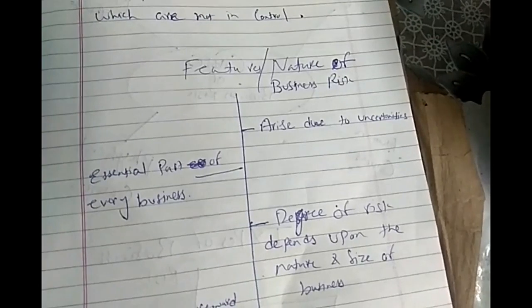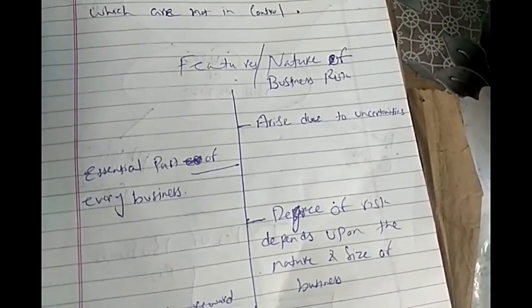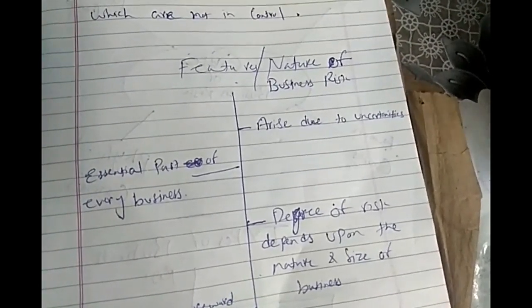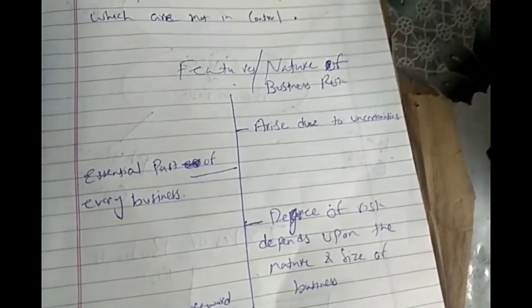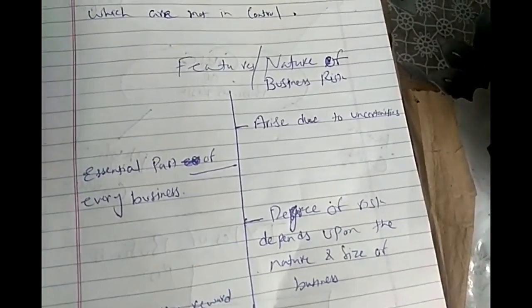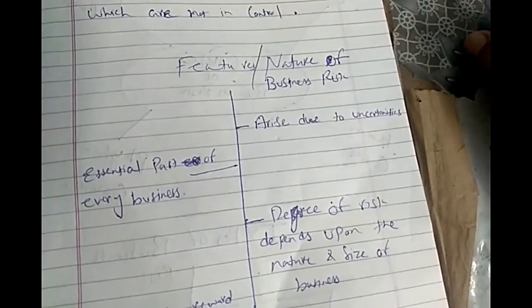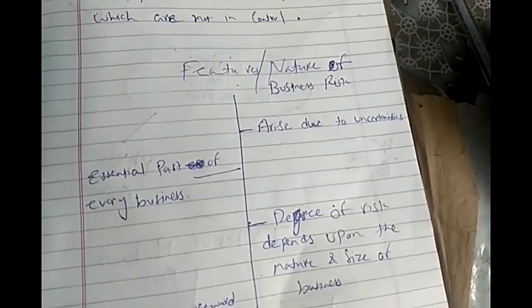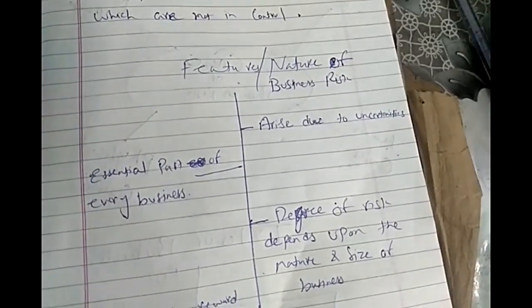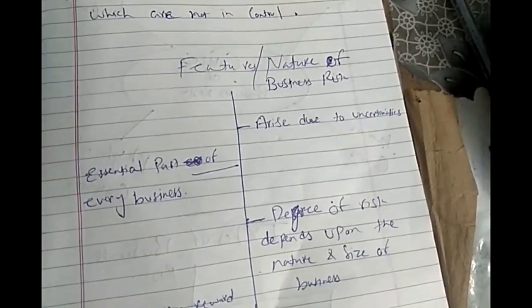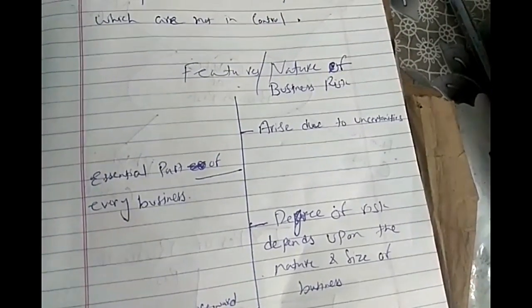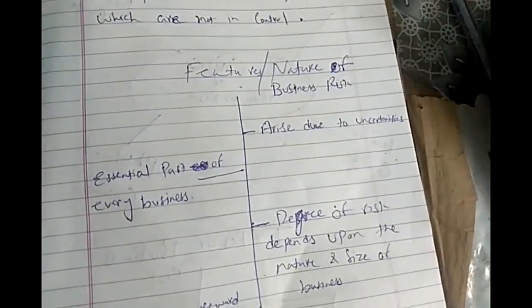Because of that type of uncertainty, it creates a risk for businessmen. For example, demand can change, and government policy and technology can also be uncertain. So these risks occur due to uncertainty.